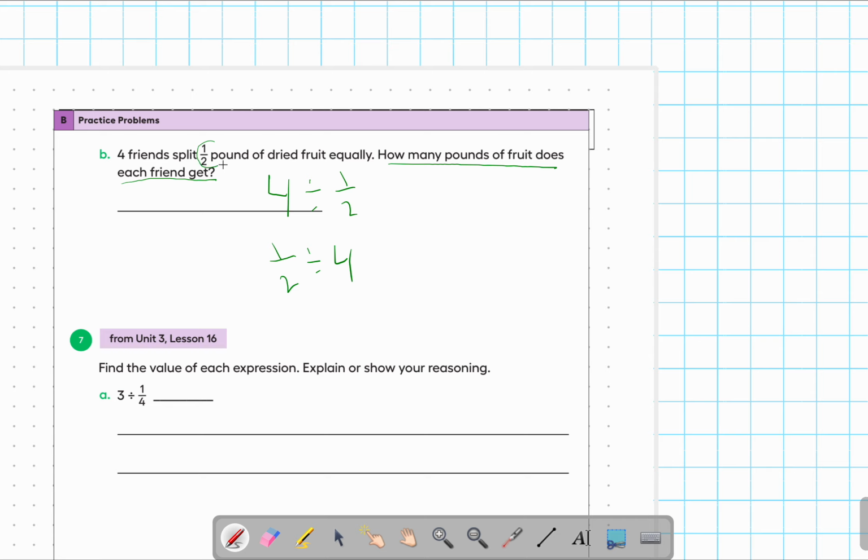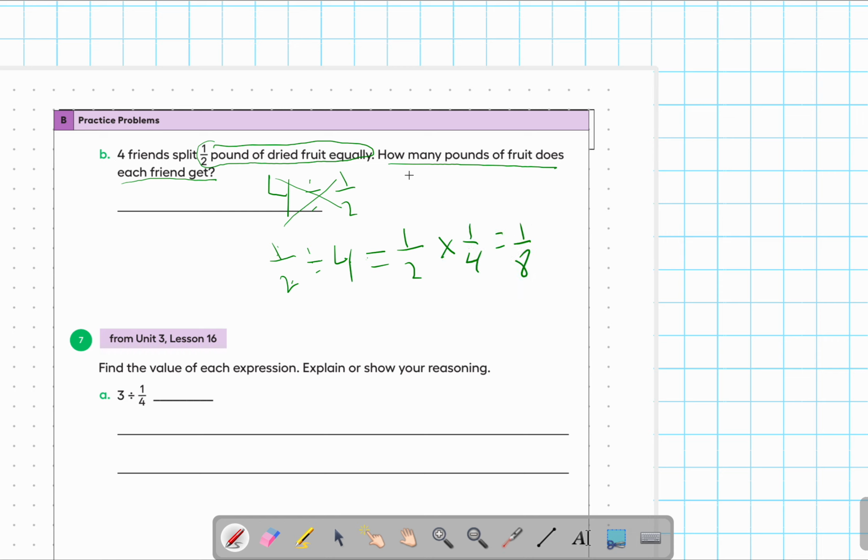The 1/2 pound of dry fruit is being shared equally. So this is the correct expression, and the other cannot be it. So 1/2 divided by 4. Using our keep, switch, flip method, that's equal to 1/2 times 1/4, which is 1/8.